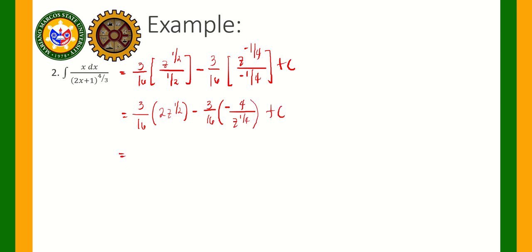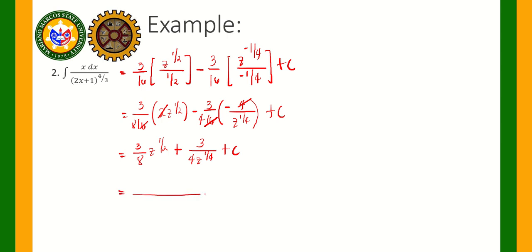So, simplifying further, this will be equal to, okay, magka-cancel yan, 3 over 8 z raised to 1/2. Negative times negative, that is positive. And then, magka-cancel din to. This is equal to 3 over 4 z raised to 1/4 plus c.